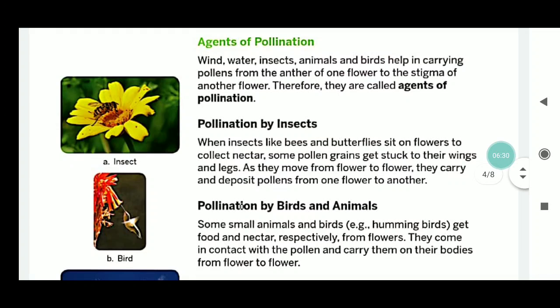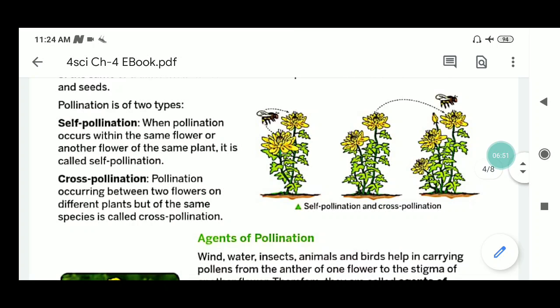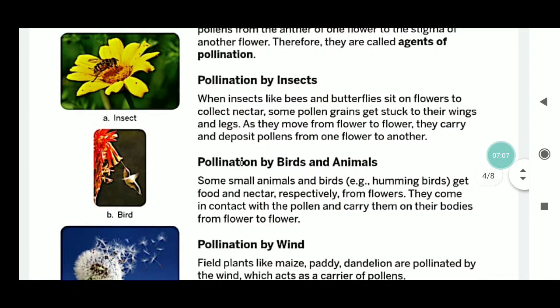Here, look, the bee is sitting on a flower and the grains of pollen are stuck to its legs and wings, and when it flies from one flower to another flower, it brings the grains from this flower to this flower where the pollination occurs.